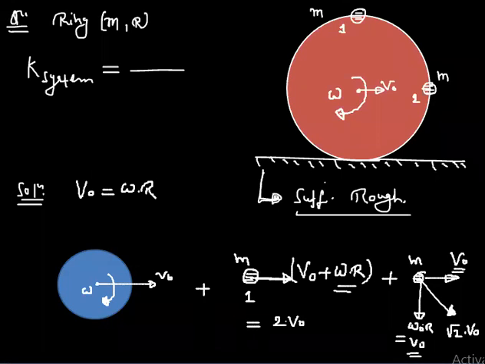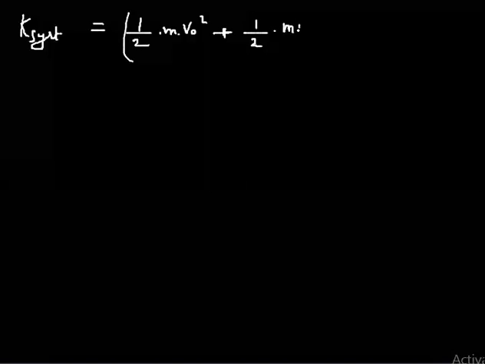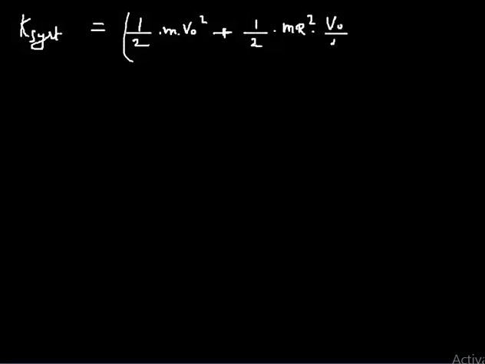Now I will simply write the kinetic energy of all the objects. The kinetic energy of the system will be the kinetic energy of the ring, which is half m v naught square, plus the rotational kinetic energy of the ring, which is half moment of inertia, m r square, times v naught by r whole square for omega square.